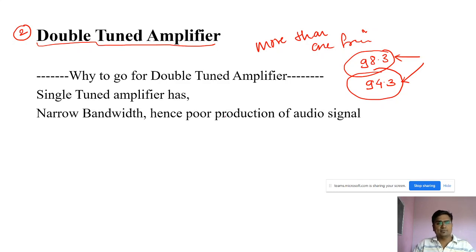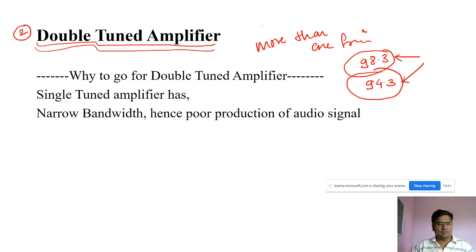Two resonant frequencies must be there. Now, whether to get two resonant frequencies, or there is a different meaning for that double tuning, that we need to check. What I can determine from the name itself is that it has to tune for more than one frequency.